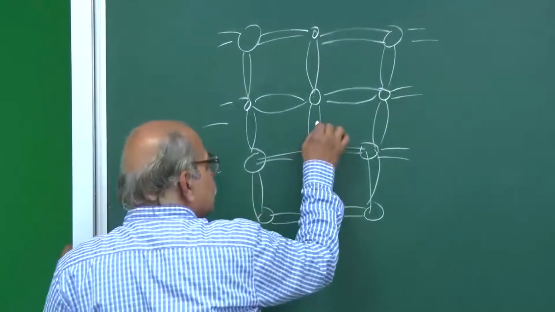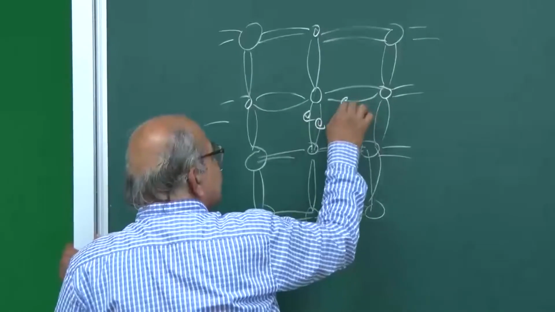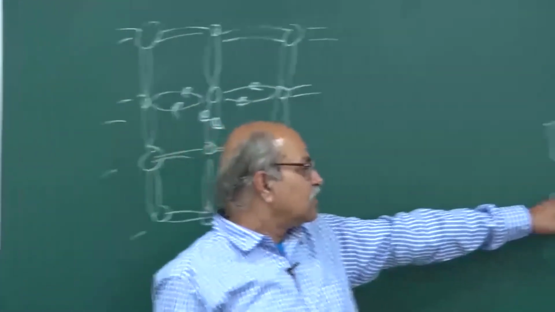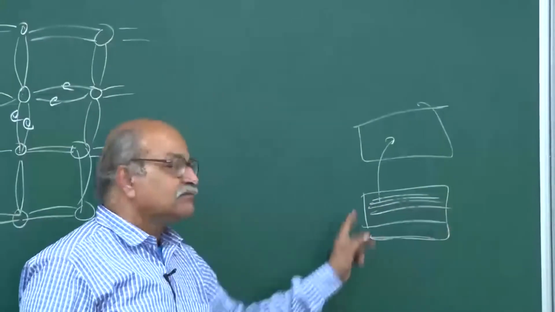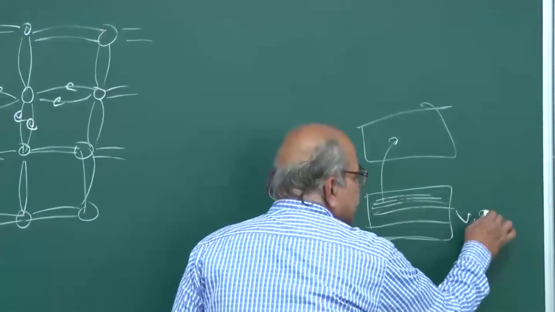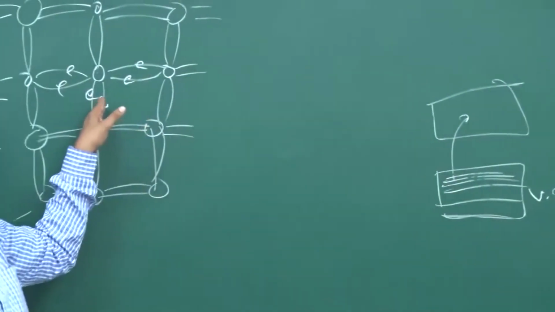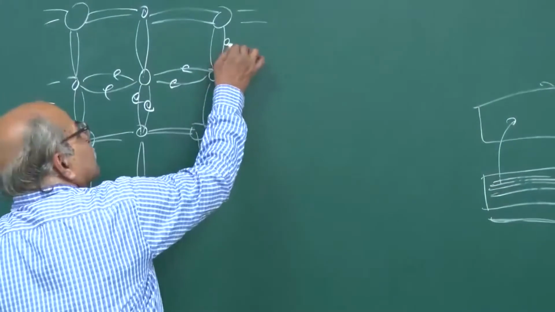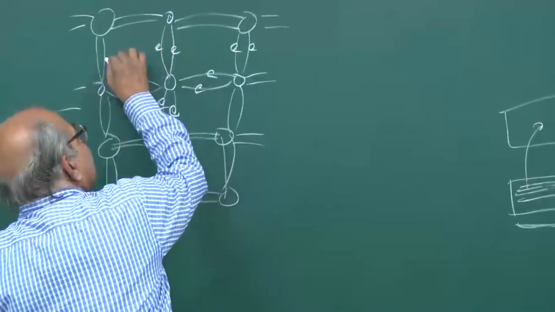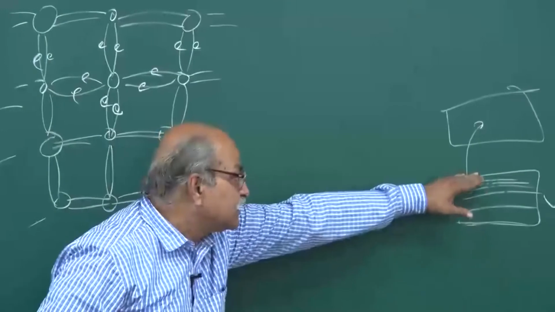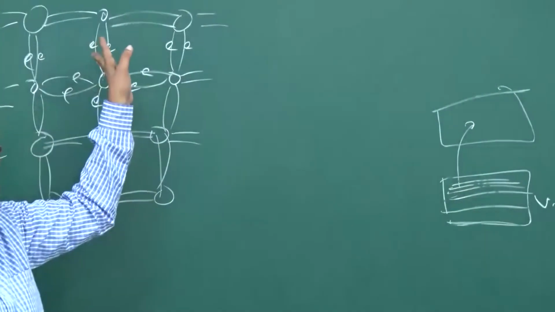So these electrons are the valence band electrons. Whenever I draw this diagram and I say that this is the valence band and there is an electron here, I am referring to one of these electrons. They have energies which are one of these energies.